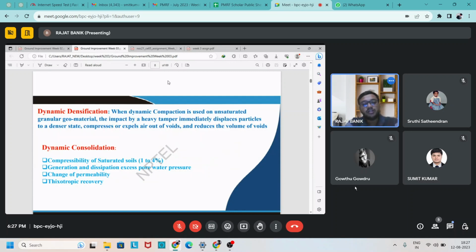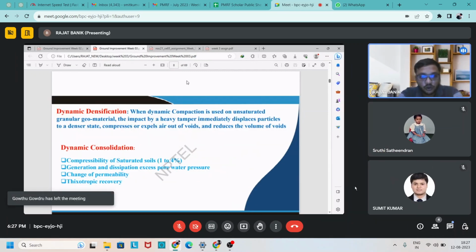The same thing happens in dynamic consolidation. It is nothing but consolidation, but it happens when we apply heavy loads. Due to the heavy load, vibration occurs. Due to this vibration, excess pore pressure is also generated. By the tamper weight we apply, we can also dissipate the excess pore pressure.